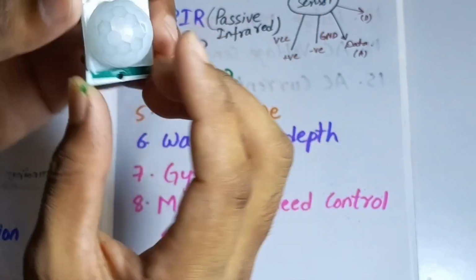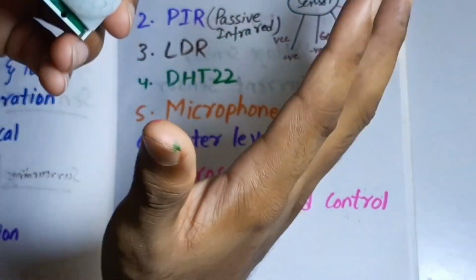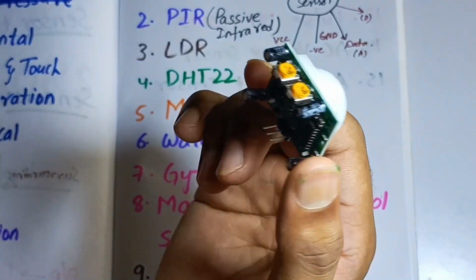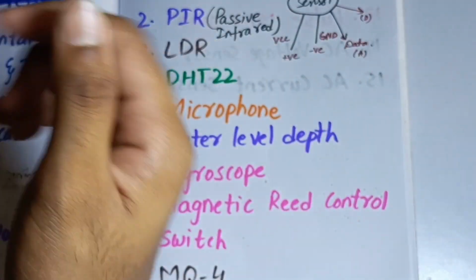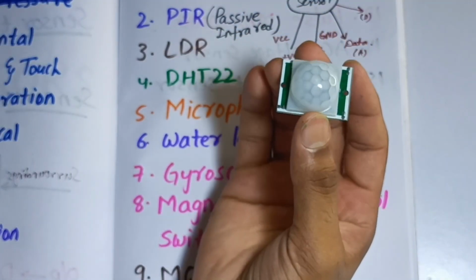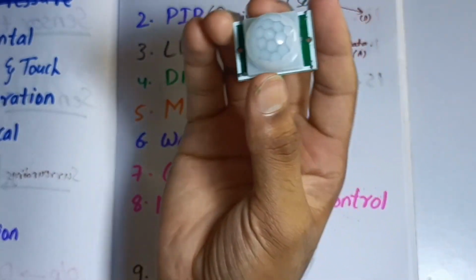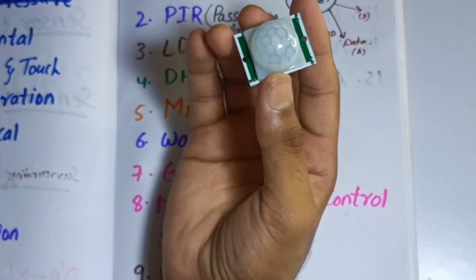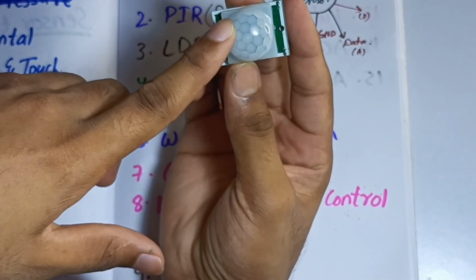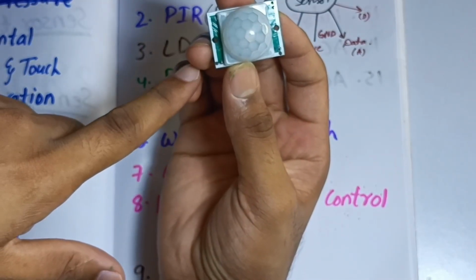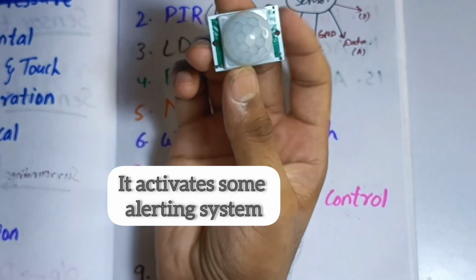As soon as a person comes into its vision range, it will send some signals to the microcontroller board that it has detected something. The application where we use the PIR is in smart security systems. These can be placed near your CCTV cameras so that as soon as some person gets near to the CCTV cameras, this will be activated.